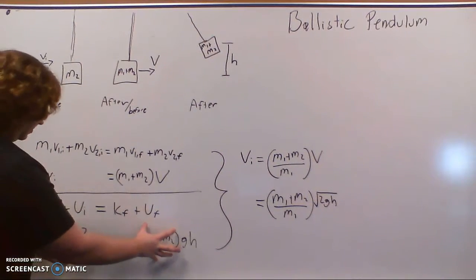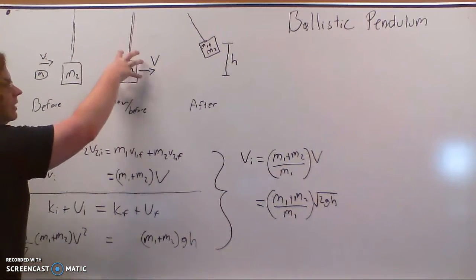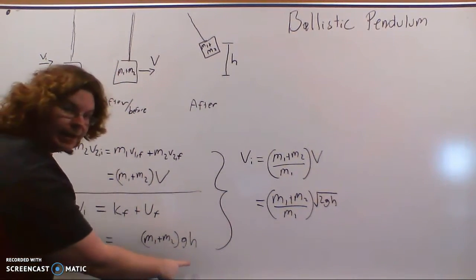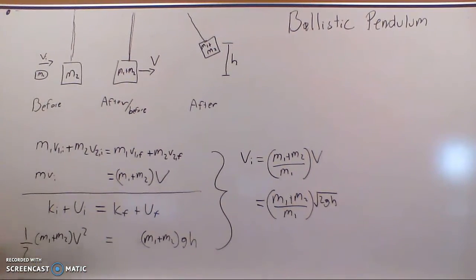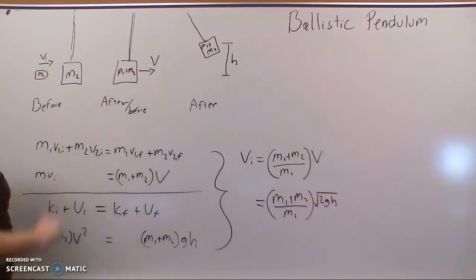So now we have an expression for what the velocity of the two things moving together would have to be in terms of how high it goes. Now we have to bridge all the way from the end to the beginning.